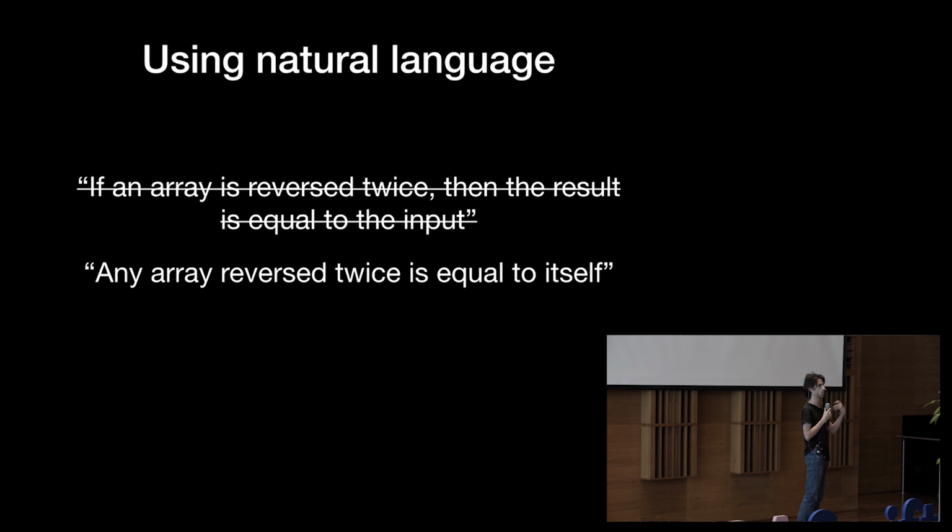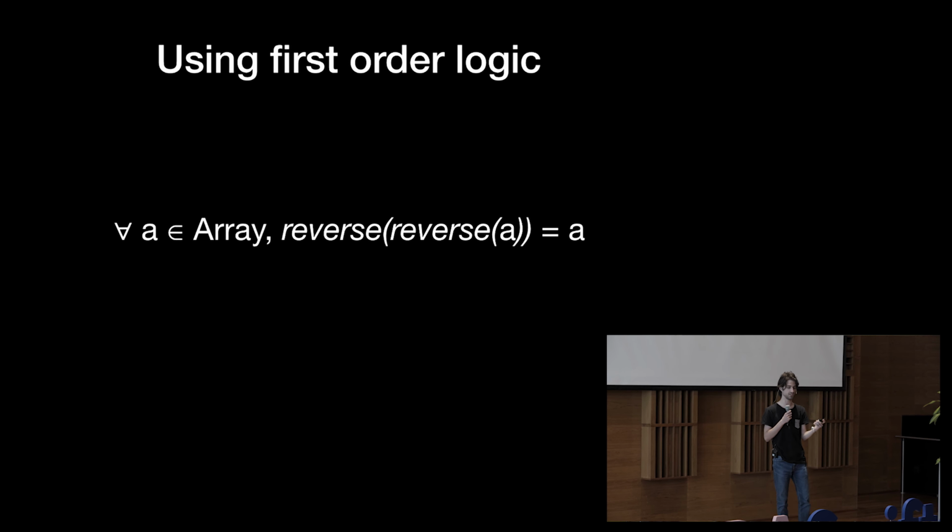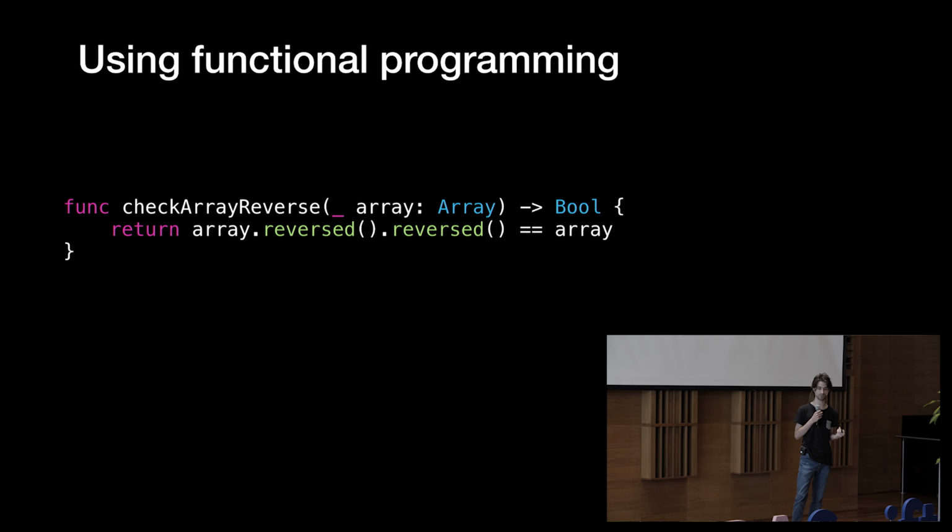And if we want to go one step beyond, we can use first-order logic and write it like this. It's the same thing: for any array, if I call reverse twice on the array, then the result must be equal to the initial input. And so how can we implement such a property in code?